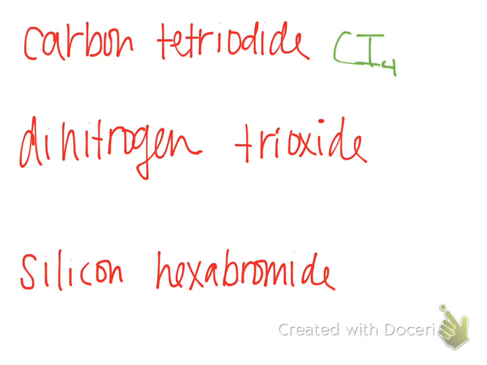CI4. Raise your hand if you agree. Perfect. Okay. Isabel, why don't you tell me what you got for the second one? N2O3. Got it? Perfect. Good. And last one. McKenna, why don't you tell me what you got? SiBr6. Perfect. Perfect. Okay.